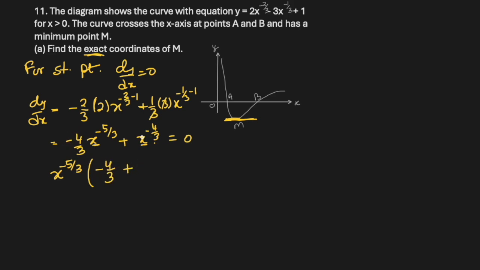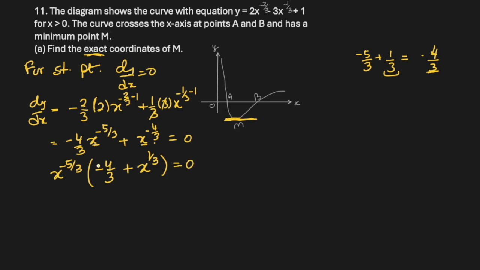Then plus, what is the difference between these two? Minus 5 over 3 plus 1 over 3 is equal to minus 4 over 3, isn't it? That means this minus 4 over 3 has 1 over 3 extra than minus 5 over 3. So if I write x to the power 1 over 3, that will be good.